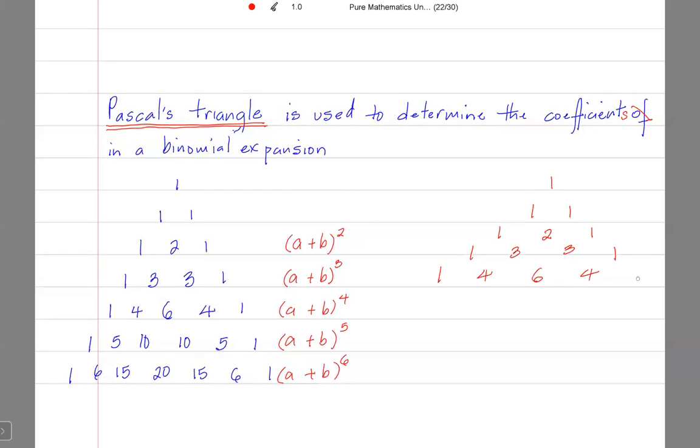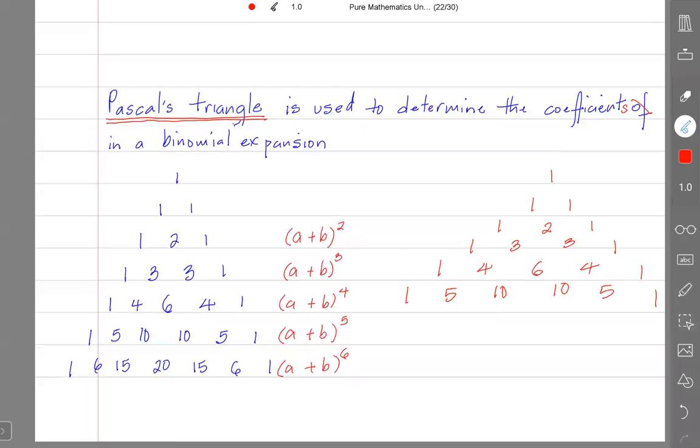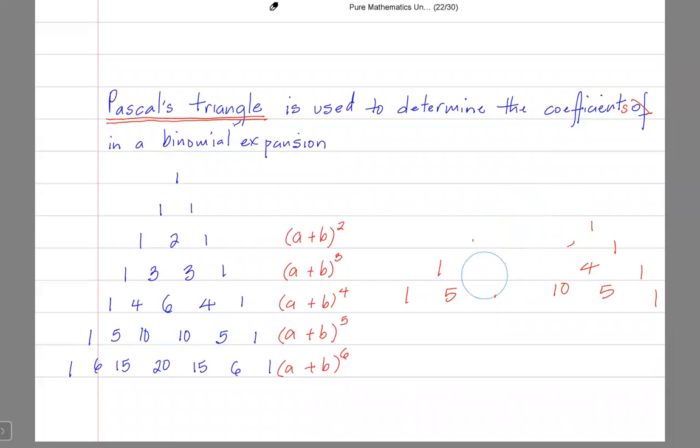You put a 1 here and a 1 here. 4 plus 6 gives you 10. 4 plus 1 gives you 5. You put a 1 here and a 1 here. So this is how the Pascal triangle works; you can go down with it forever and ever. All right, so how does the Pascal triangle relate to a binomial expansion?